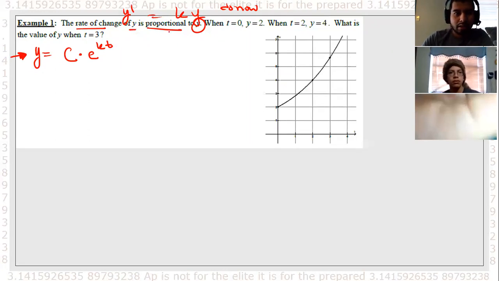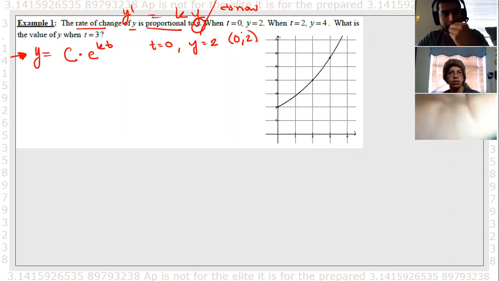Okay, all right, so this is all I know so far up to here. Now, the next thing they're telling us is that at t equals 0, y equals 2. So when t equals 0, y equals 2. If I wanted to put it in coordinates, I can say (0, 2). Some of us might be wondering why I put t as my x's and y as my y's.